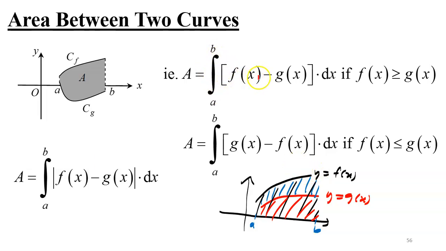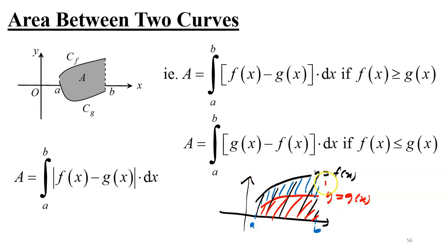The integral of f of x gives me the area under the curve of f, and the integral of g of x gives me the area under the curve of g of x. So subtracting these two integrals in fact gives me the area between the two curves.